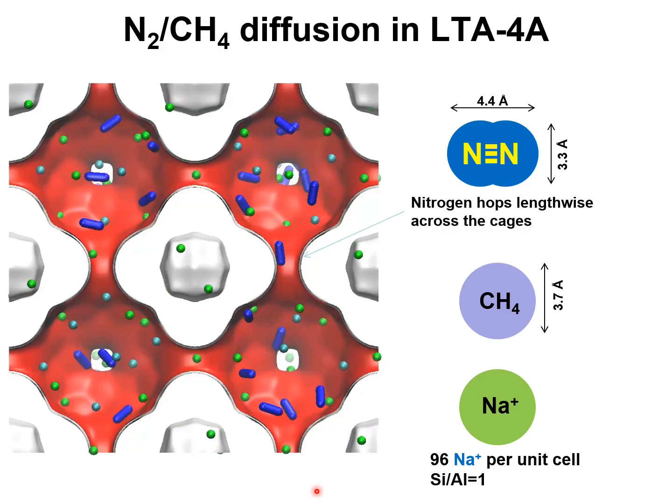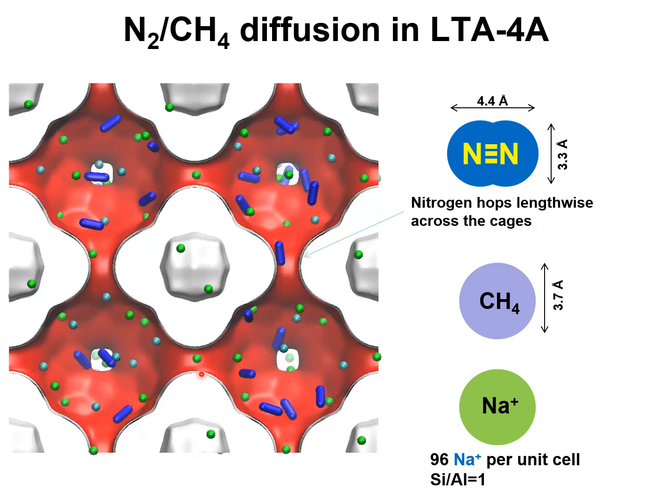Firstly, note that the blue-colored guest molecules are nitrogen. The green-colored spheres are the sodium cations, and the cyan-colored spheres are the methane molecules.